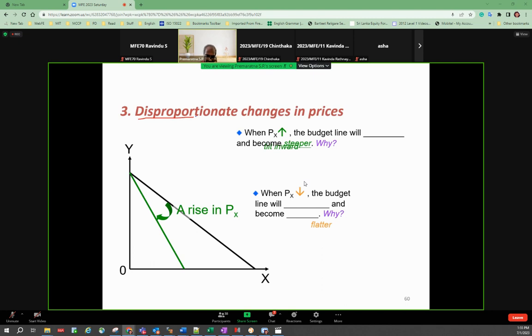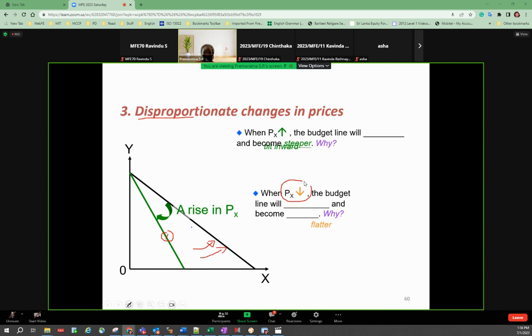Now, in this case, you can see the price of X. If this is the original budget line, when the price of X decreases, the budget line rotates anti-clockwise.